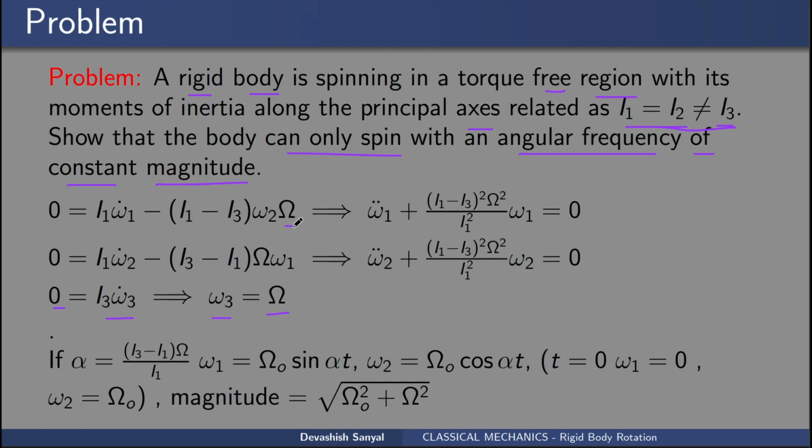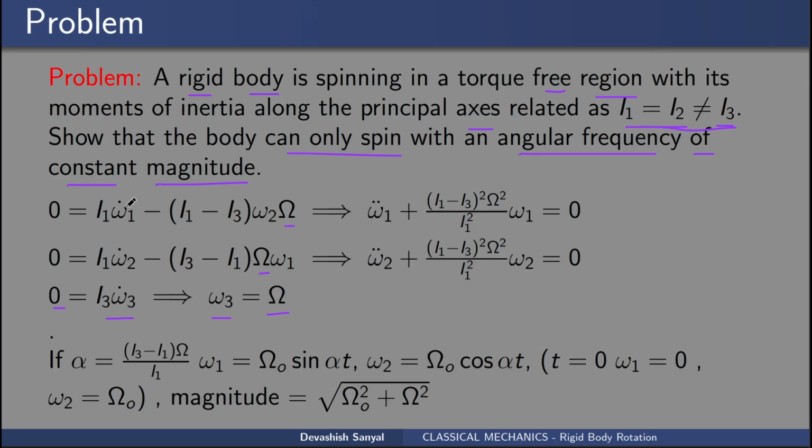As soon as we do that, from these two equations we can write omega 1 double dot equals minus (I1 minus I3) squared Omega squared divided by I1 squared into omega 1, equal to 0. You just have to take a double derivative here.